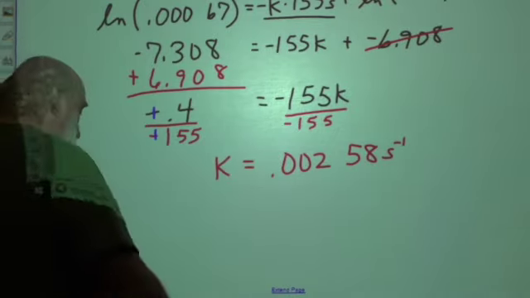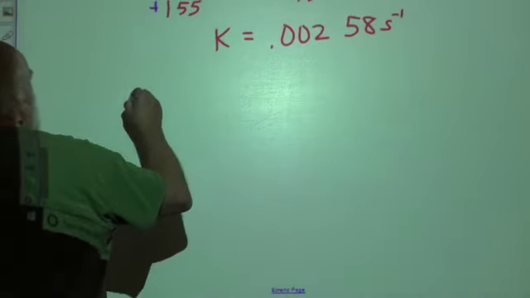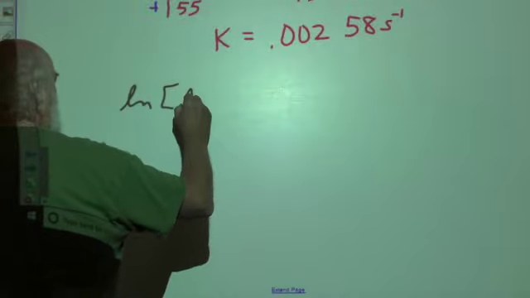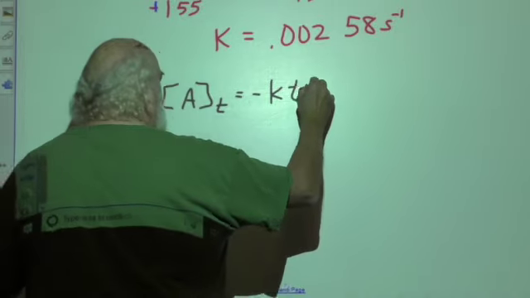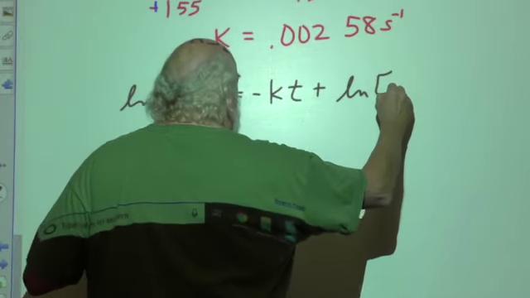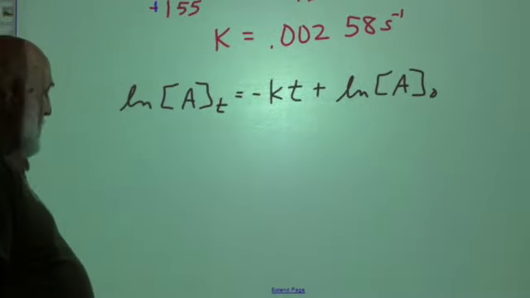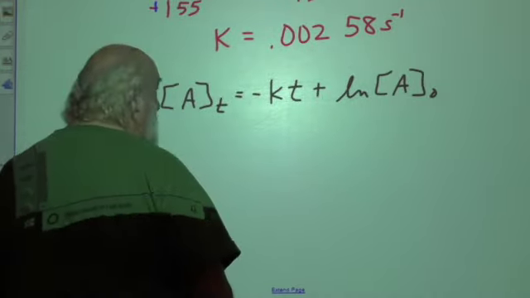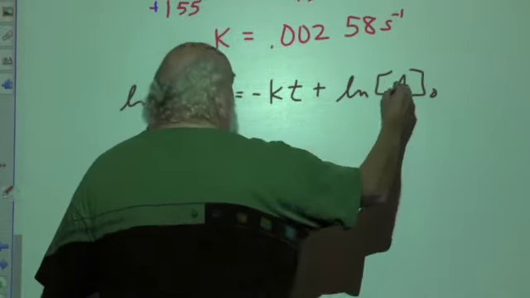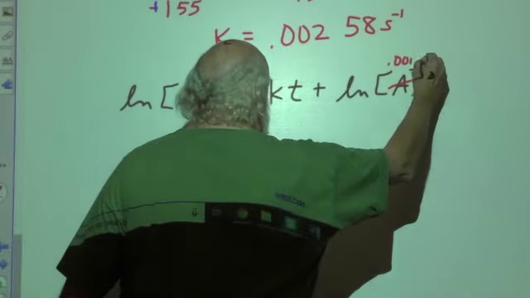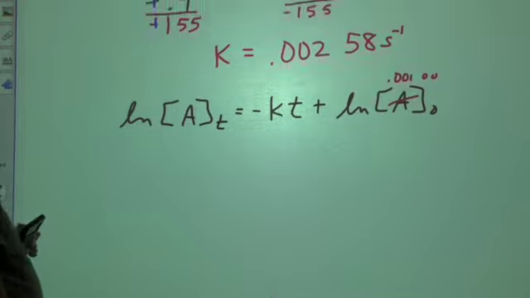Now we go back to that equation. Natural log of the concentration of A sub T equals negative KT plus the natural log of A sub 0. And now we plug in what we got in the second scenario. We do know the value of this is actually 0.001001. We calculated that already, so let's punch that in there.